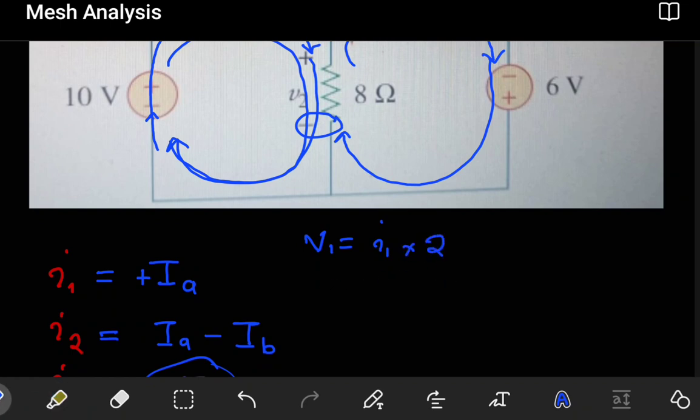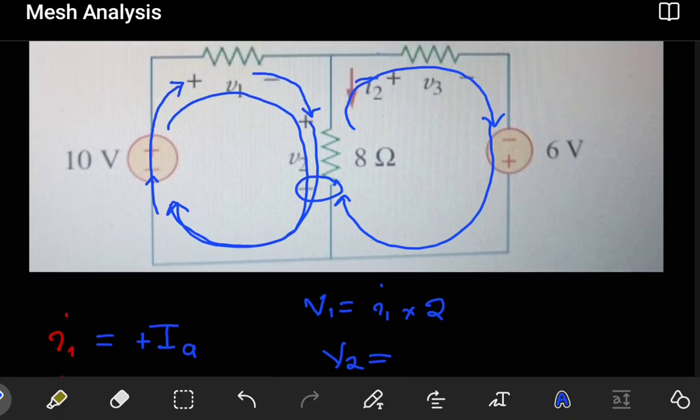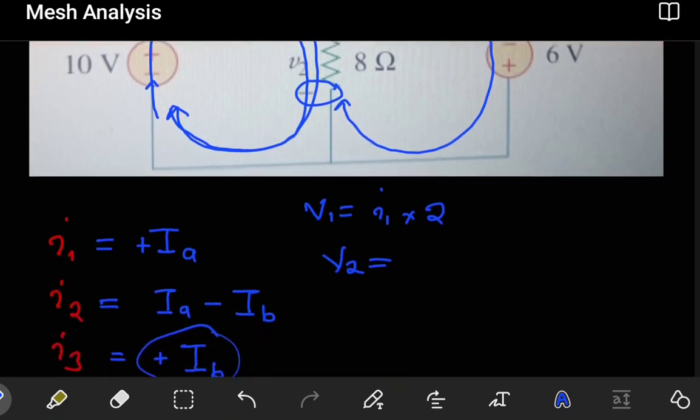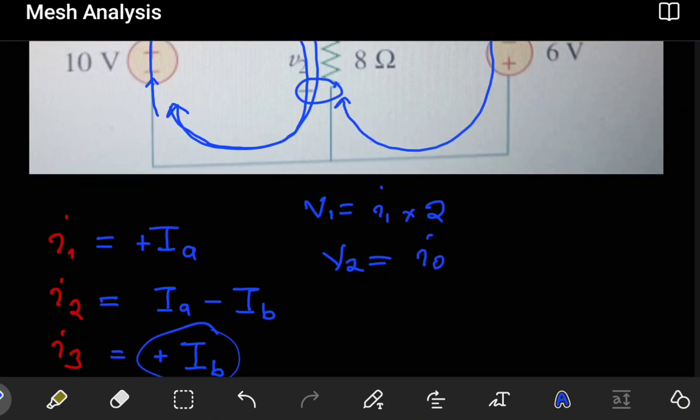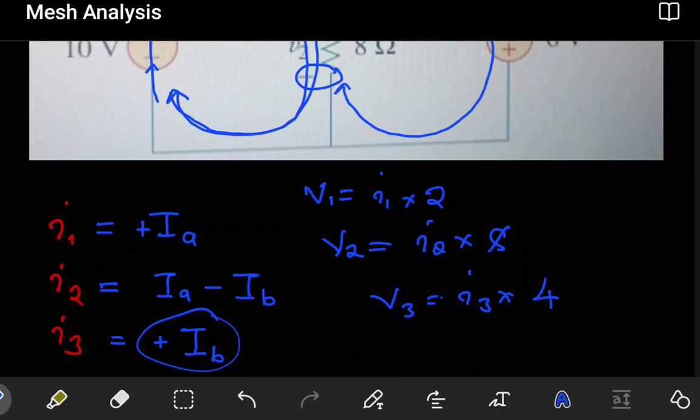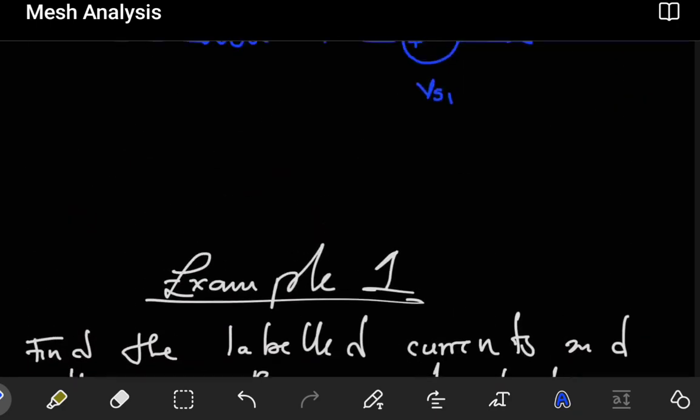V2 will be the value we found for I2 times the resistance there, which is 8 ohms. And finally, V3 will be I3 times the resistance there, which is 4 ohms. You can do this very quickly, and you're going to find the expected answers. So this is how you go about this problem.